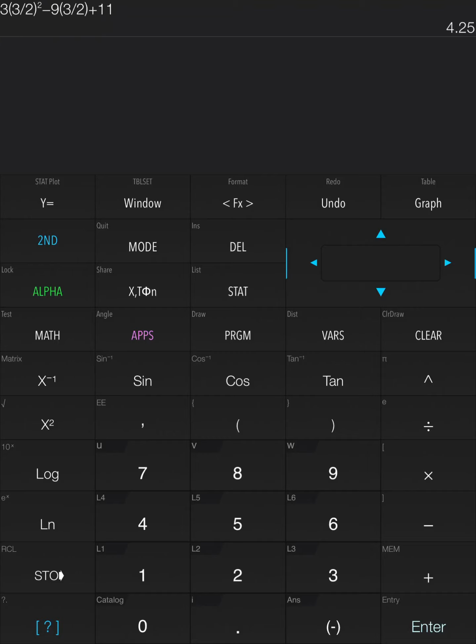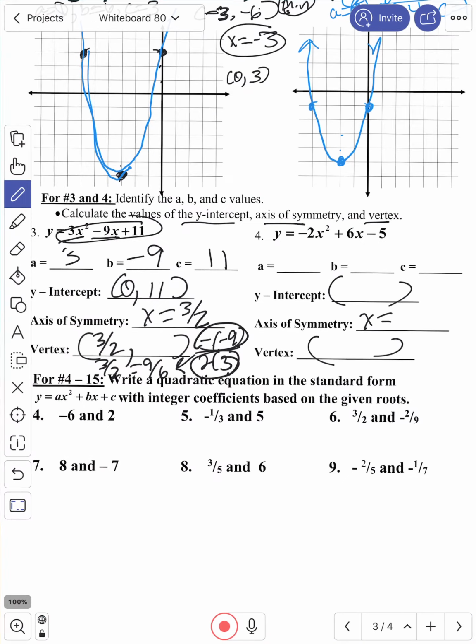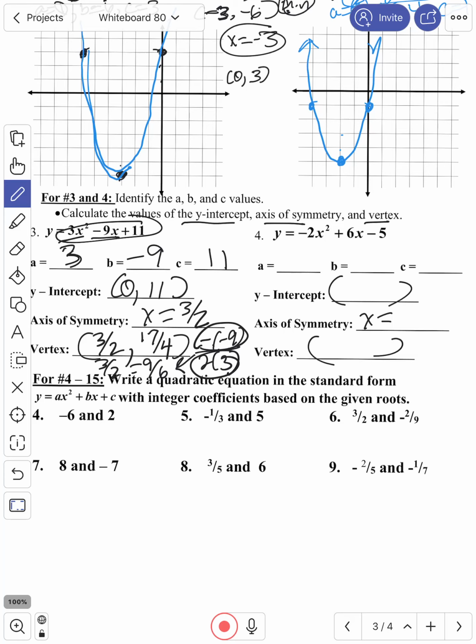You get 4.25, or you can get it as a fraction, which is 17 over 4. Okay, and I actually don't remember getting this answer before when I worked this problem, so let me double check it. Negative b over 2a.